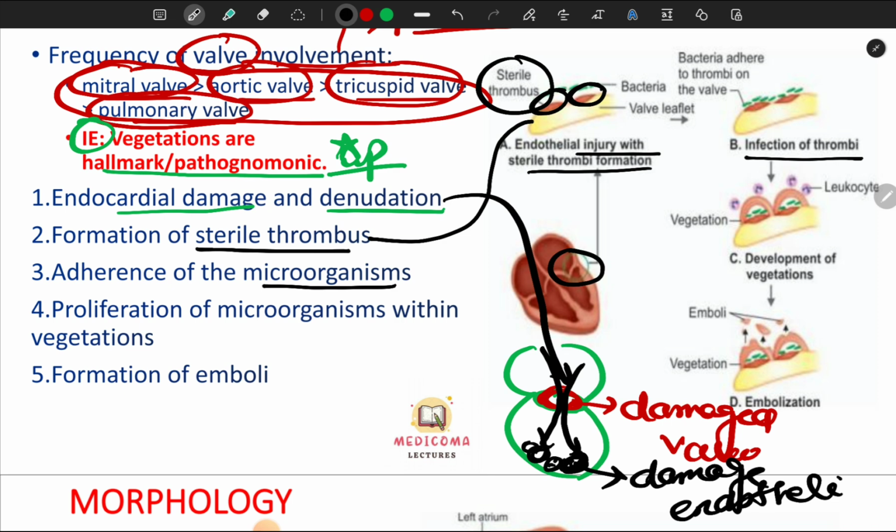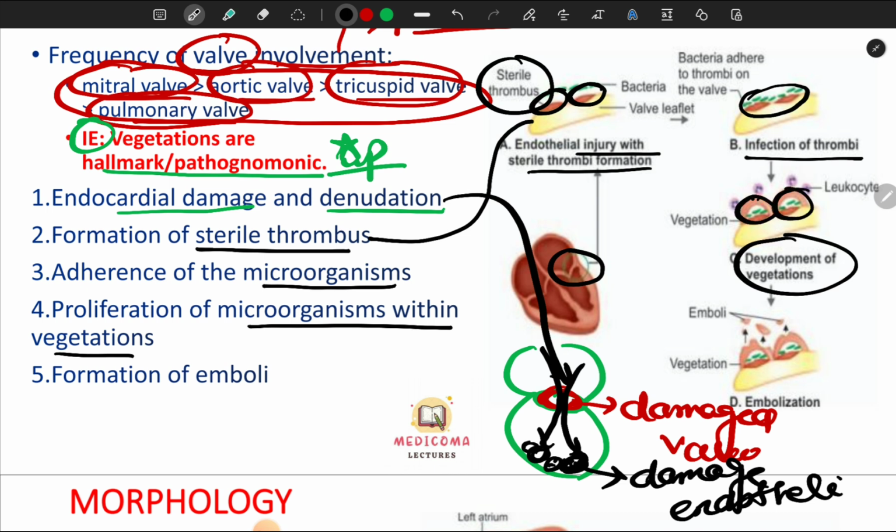The bacteria enter this vegetation and, after entering, undergo proliferation. After the proliferation of bacteria in the vegetations, there is formation of the thrombi.